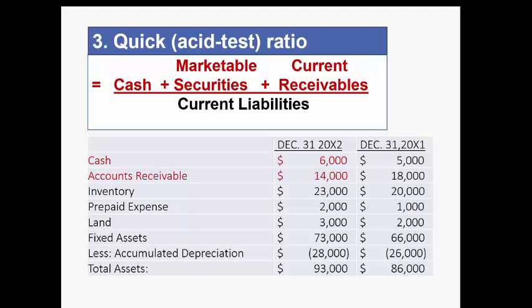The idea is that inventory is not nearly as liquid as accounts receivable because the inventory's not even been sold yet. So there's no legal claim to actually receiving that when you sell it because you have not even sold it. And of course, prepaid expense, that's like prepaid rent, and that typically will never be converted to cash, so it is excluded.